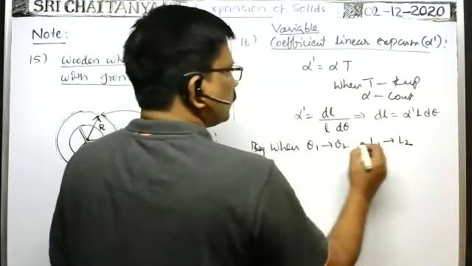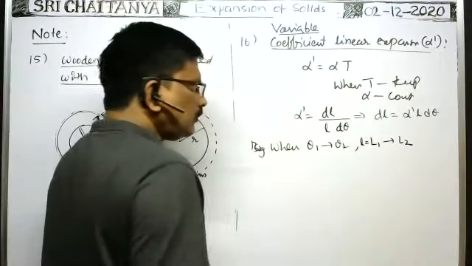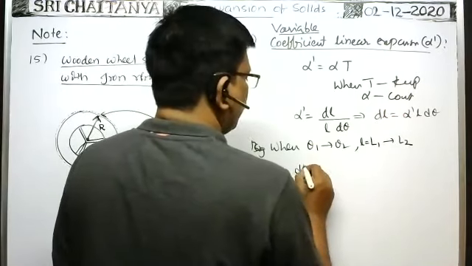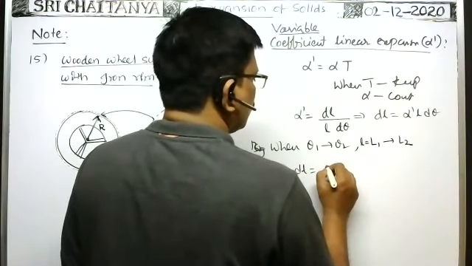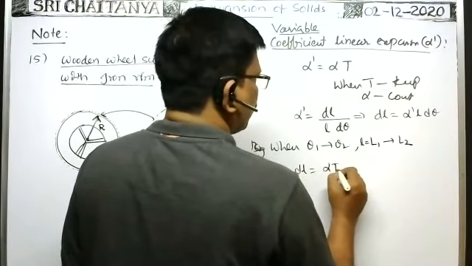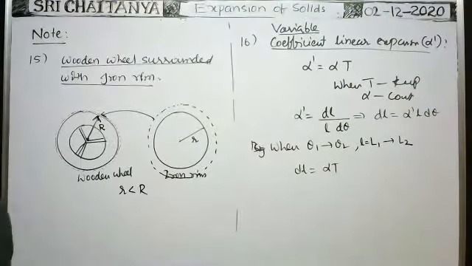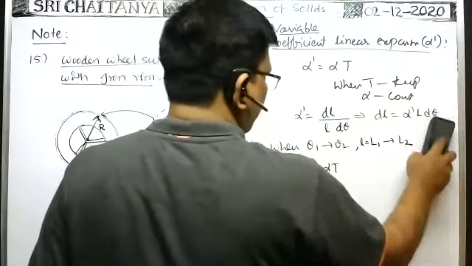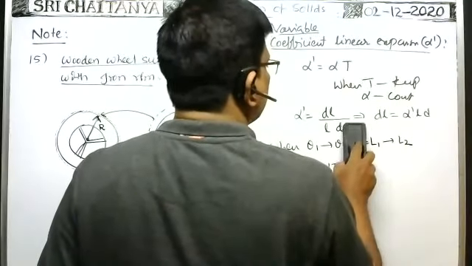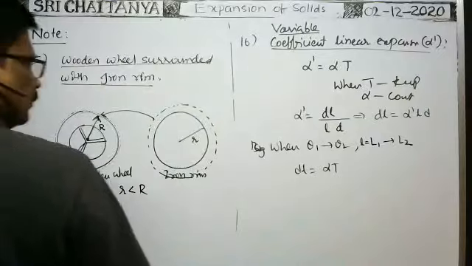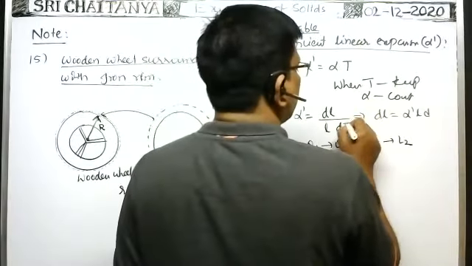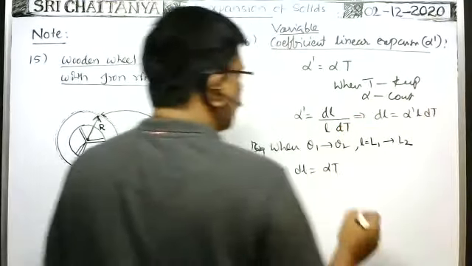Now from this formula, dL is equal to alpha dash, and alpha dash means alpha into capital T. Since temperature is given as T, you better write T here. That's why you write dT.